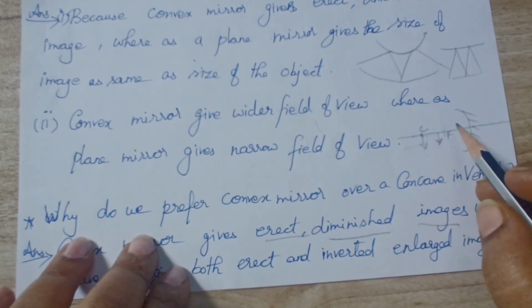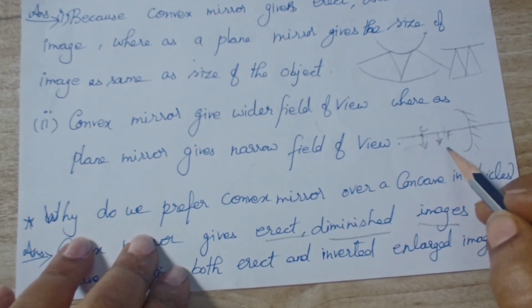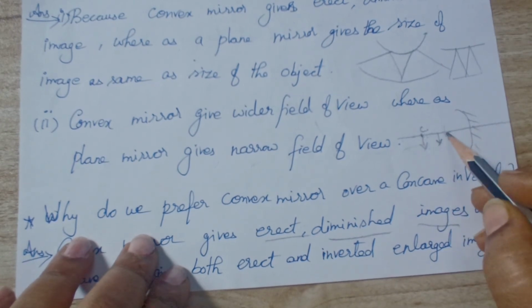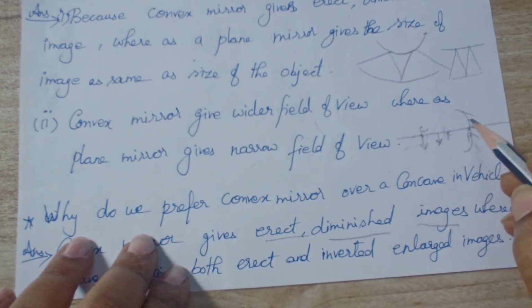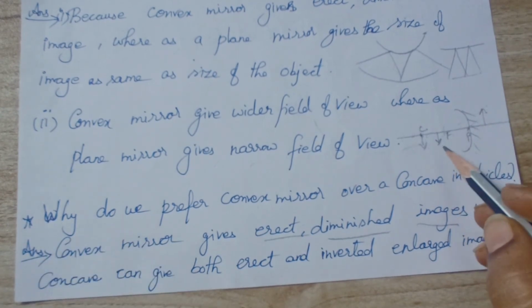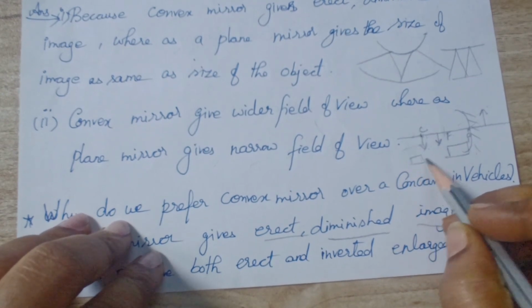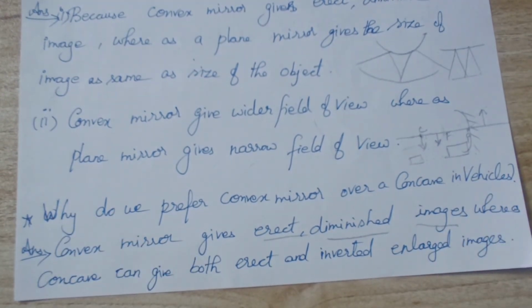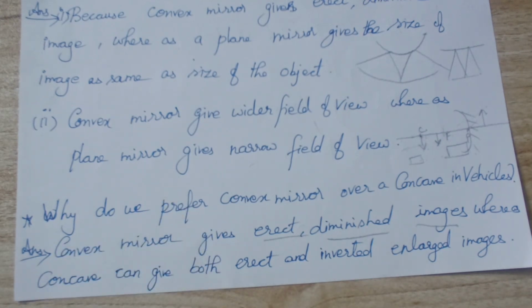If it is at the focus point, you will again get an enlarged image. When it is between the focus and the pole, you will get a virtual image which is enlarged. So depending upon the distance between your vehicle and the vehicle behind you, you will get alternately inverted, real, enlarged, small images. So it will not give a correct picture of what is actually coming behind you.